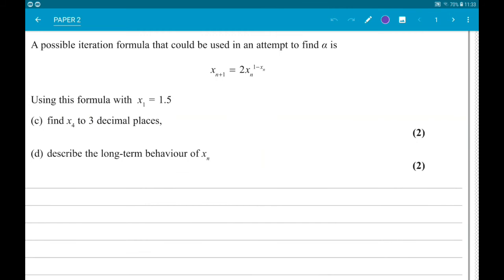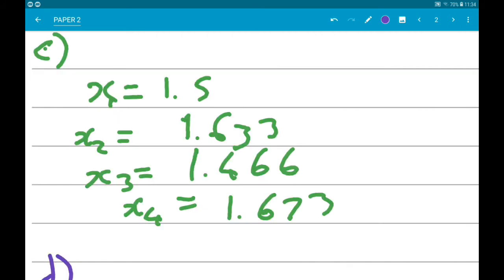But D, describe the long-term behavior of xn. So, if we keep going on our calculator, we can see every time we press equals, we're getting further below 1.5 or further above 1.6.